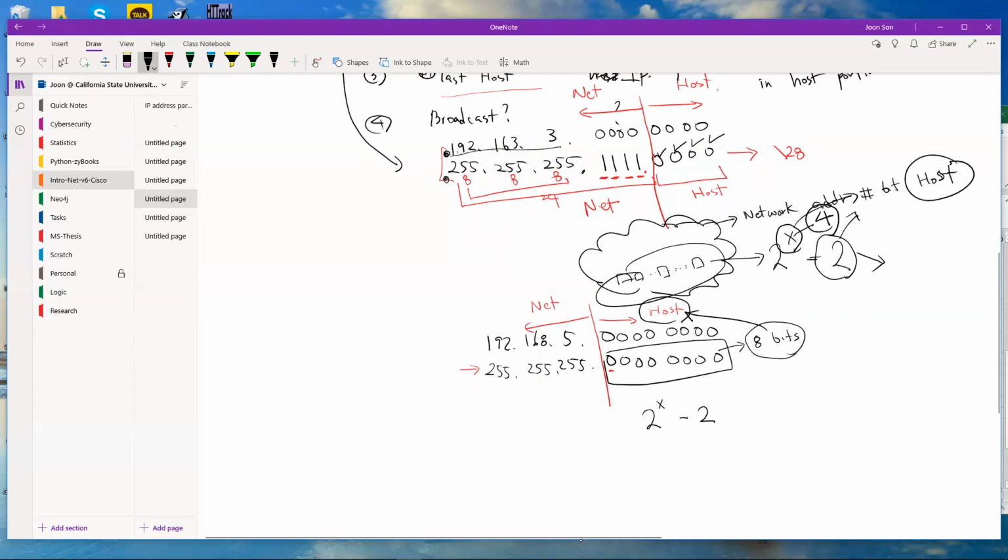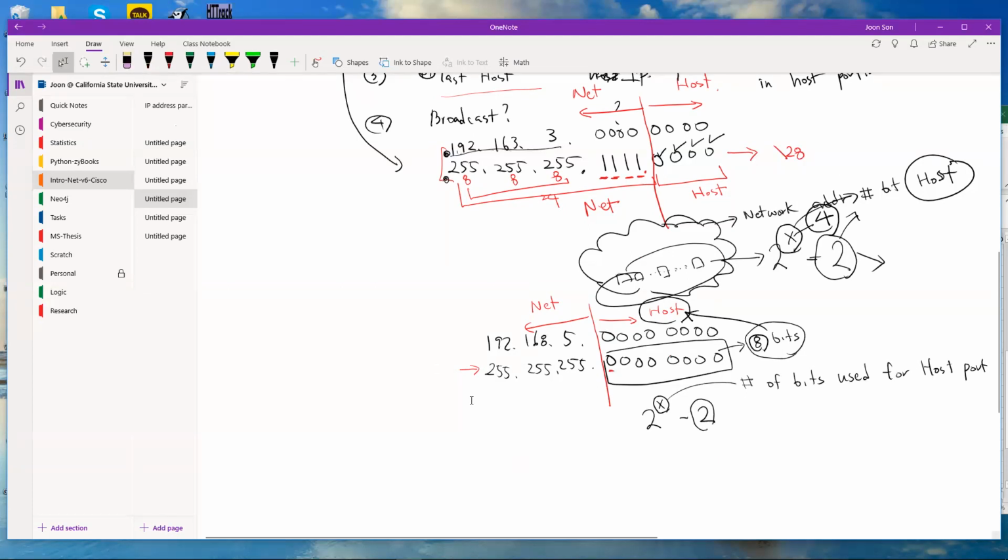We subtract 2 because we need to subtract the network address and the broadcast address. But this X is the number of bits used for the host portion, and in this specific case, X is 8.